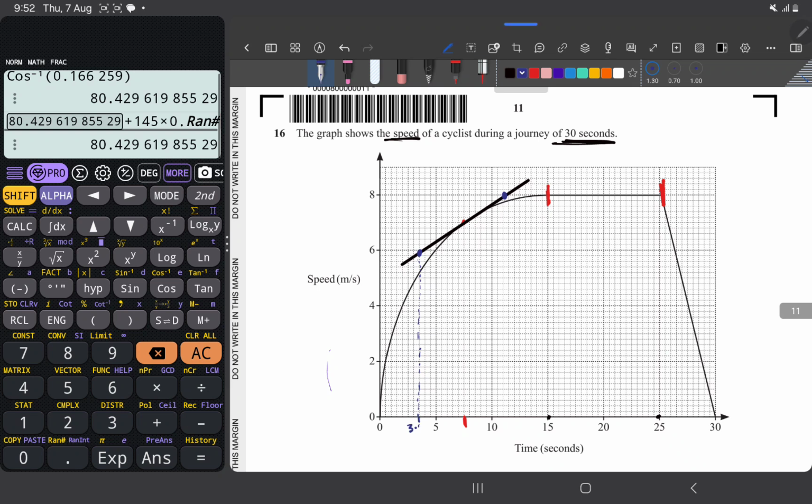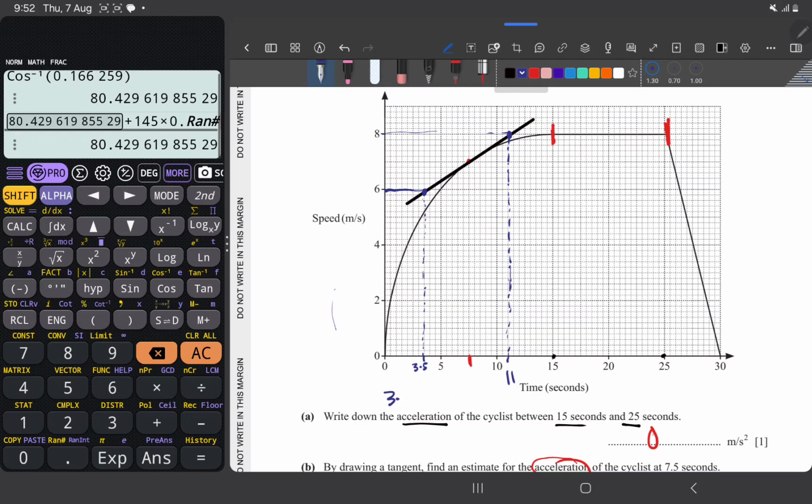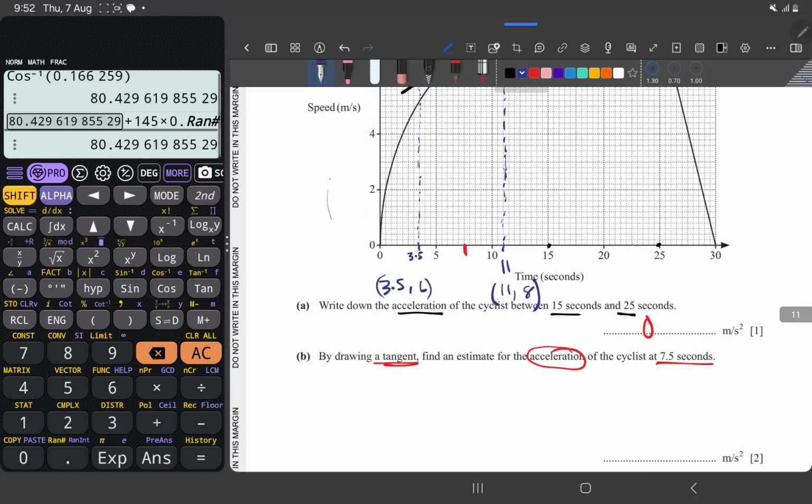So this is 3.5. Then if I go here, it is 6. So 3.5 and 6. Then here I can go down like this, and this is going to be 10, then 10.5, then 11. So this is going to be 11. And here it is going to be 8. So that means I have 3.5, 6, and then I have 11, 8. These are my 2 points.